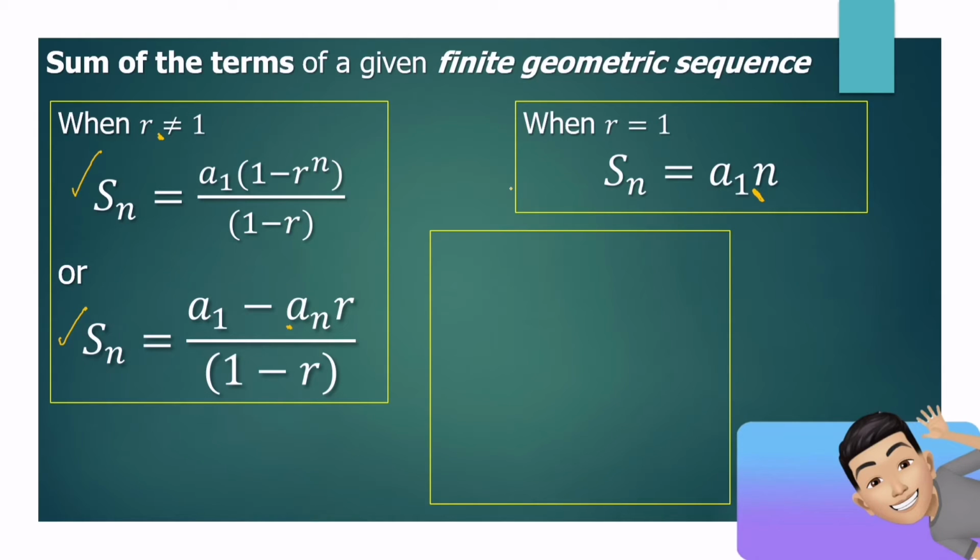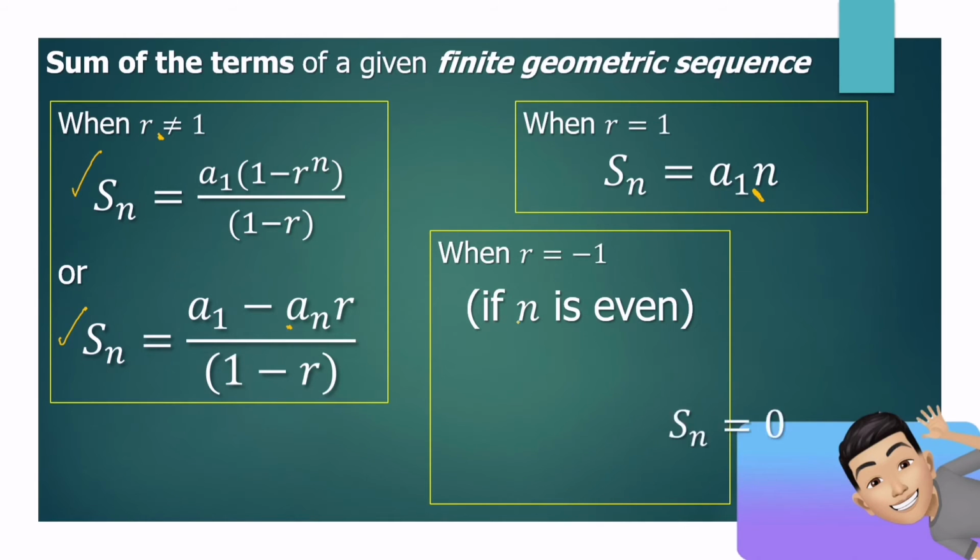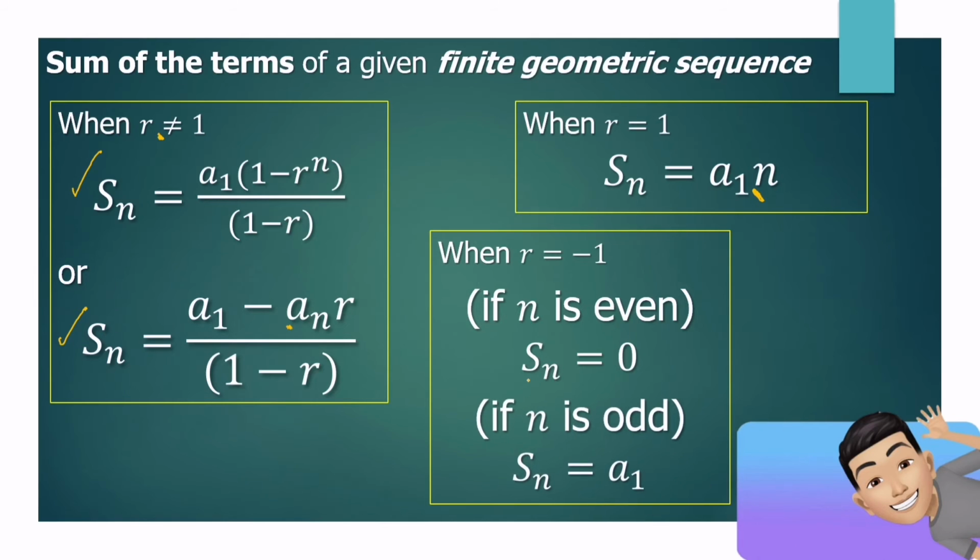So, and when r is equal to -1, ito naman ang case, if n is even, then we have s sub n equals 0. And if n is odd, s sub n is equal to a sub 1 or the first term. Ulitin ko, pag finite geometric sequence, ibig sabihin meron siyang hangganan, no? May specific n, kung hanggang saan lang, halimbawa up to 100 terms.